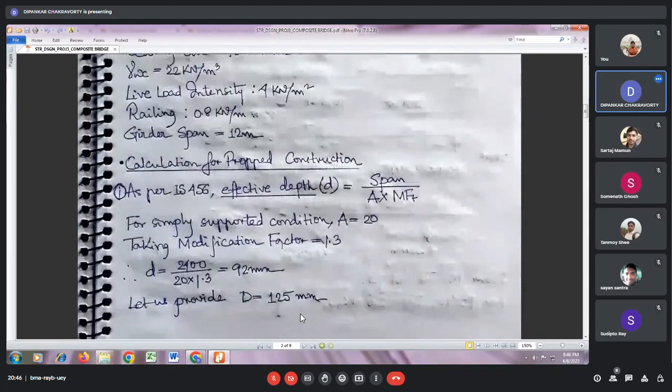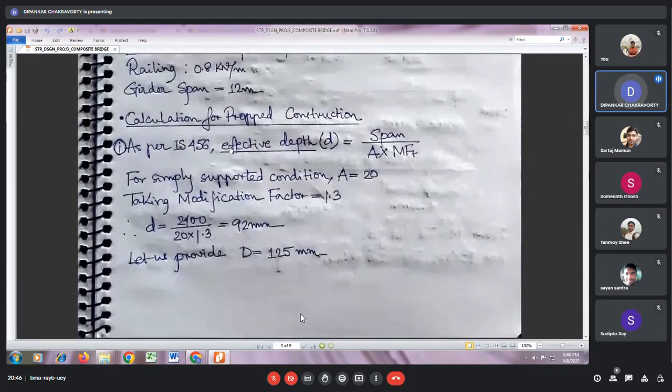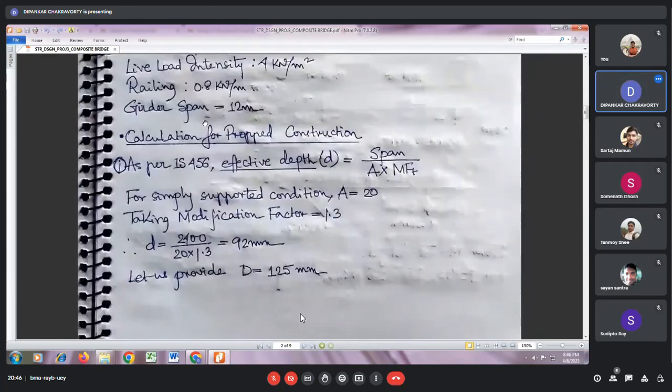Now, if you really go for a propped construction, as I told you the last day, propped construction is possible where the development is new in the area. There is no problem in erecting props to support the entire casting load. In that case, the girder is initially placed on the abutments.